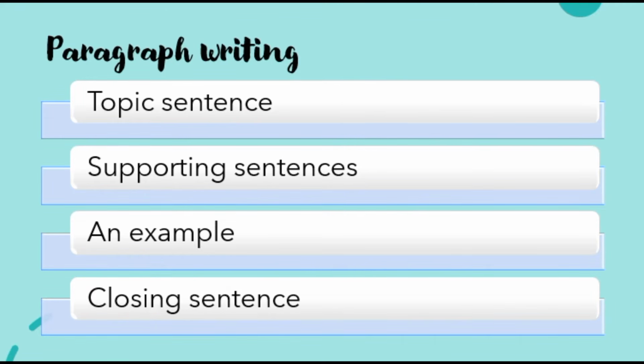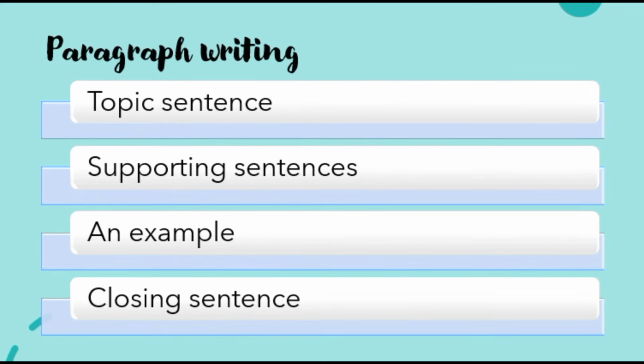You write these sentences to back up your topic sentence. The third part of your paragraph is an example that you give to clarify your idea. And the last part of your paragraph is the closing sentence. Like the topic sentence in the beginning of your paragraph, the closing sentence is also made up of only one sentence.